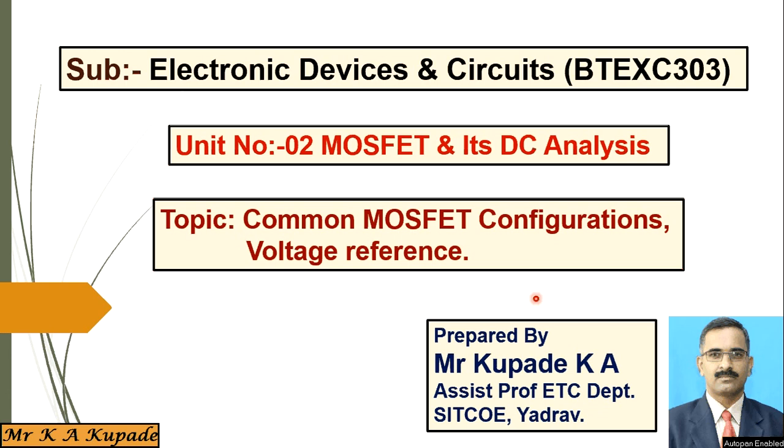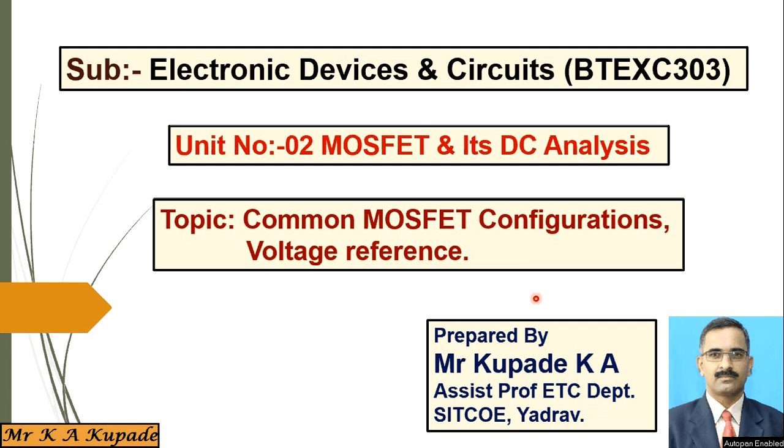In constant current source, we discussed how the constant current can be obtained by using the MOSFET in the form of the diode configuration. In the previous lecture I explained with the help of a circuit diagram having four MOSFETs.